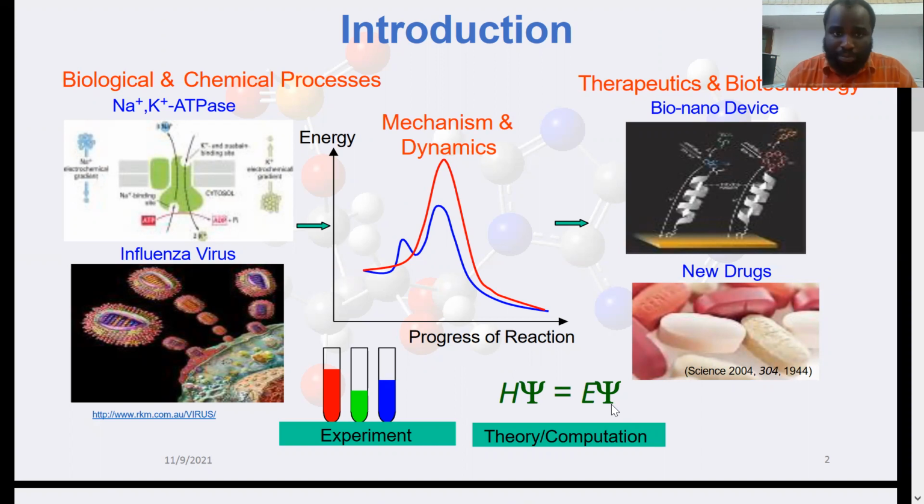In quantum chemistry, we make good use of equations such as the Schrodinger equation, and we use the energy values that we get to explain the reaction mechanisms and also dynamics of any physical property in question of chemical, biological, and also physical processes. Experimentalists then pick up these ideas and apply them in biotechnology, nanotechnology, and drug design.